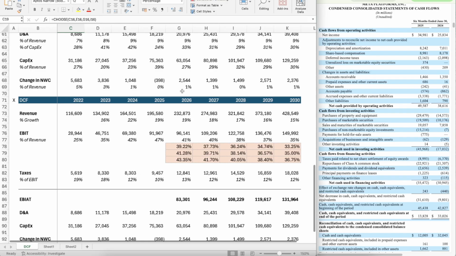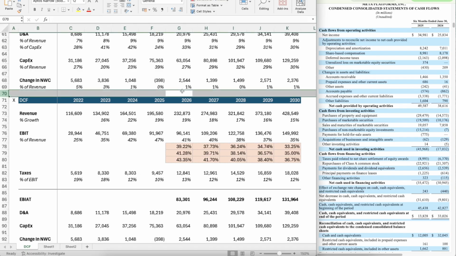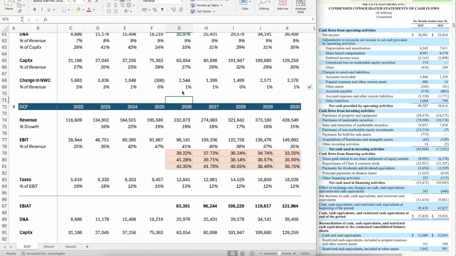Now, above this line, just add another row and put a 1 here. Then on the next column, do the previous +1 and copy it across until you get 5 by 2030. So you can either type it in, but let's be a bit more sophisticated and do it like this.